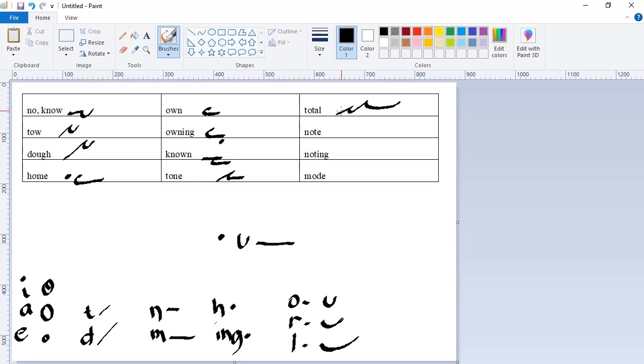Okay? So, when you say total in English language or English dialect, they pronounce it as total. So, when you say total, T and L lang yun. Walang A. Now, dito na pumapasok yung sinasabi natin na you write what you hear. So, since you did not hear A in the total, therefore, you do not write the stroke of it.